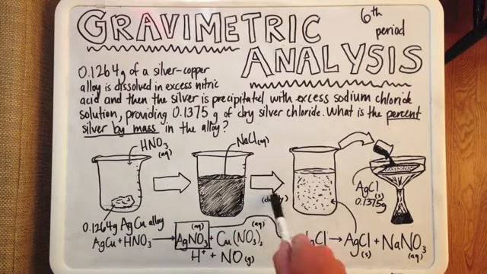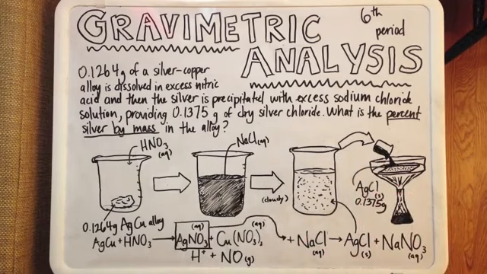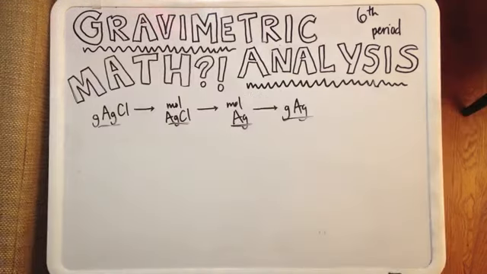So you filter them, and then you place them in an oven, warm it, get rid of the aqueous part, and turn it into more of a solid form, which you can then measure. You can actually weigh it physically, so that you can do mathematical calculations, namely stoichiometry, to figure out what percent of silver by mass is in this alloy.